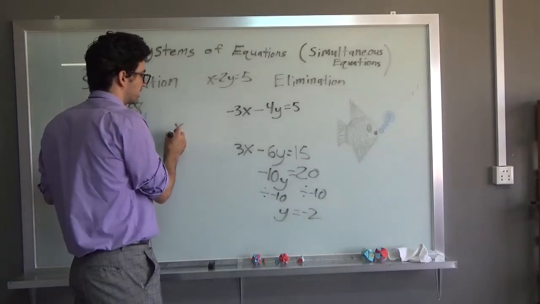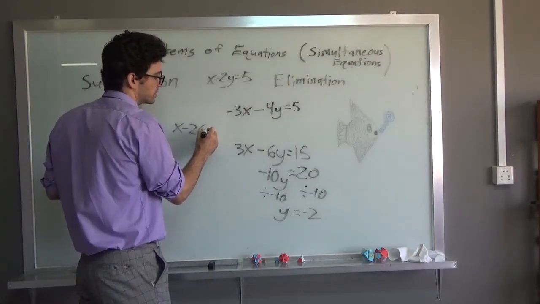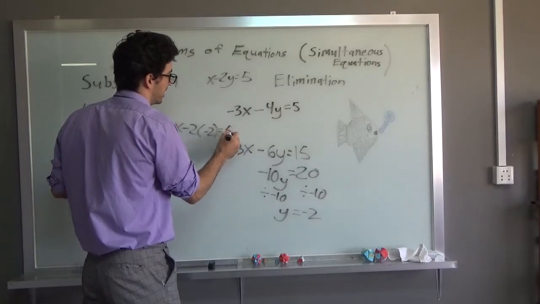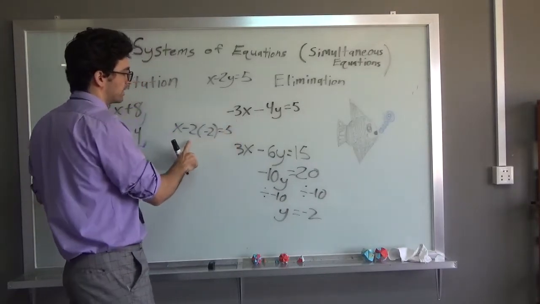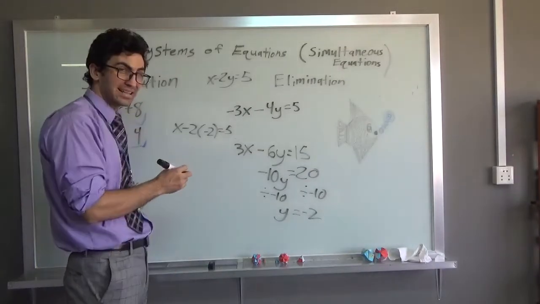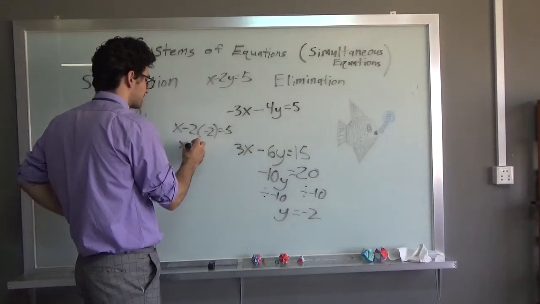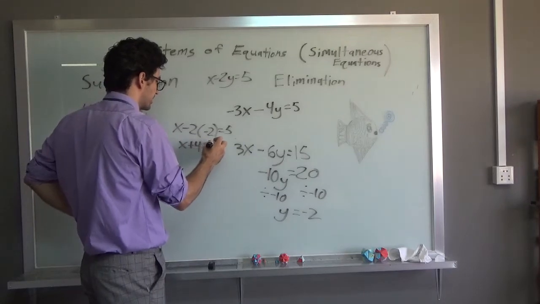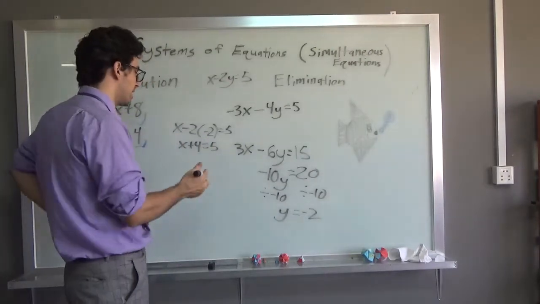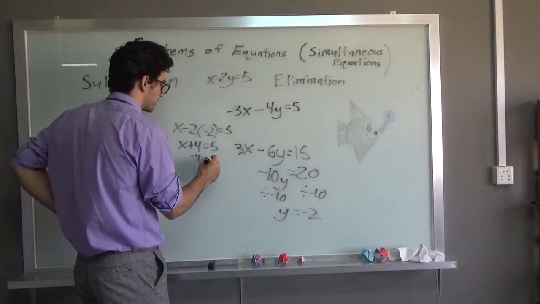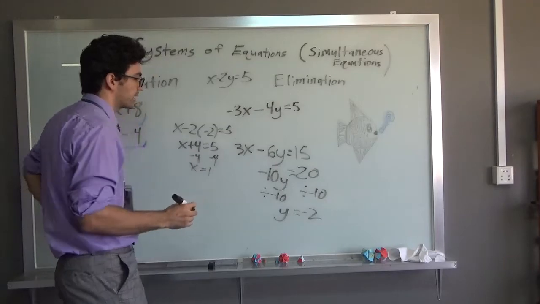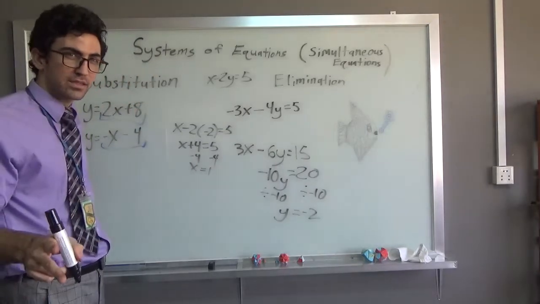We have x minus 2 times negative 2 equals 5. Well, negative 2 times negative 2 is going to be a positive 4. x plus 4 equals 5. Some of you probably know the answer by now. We will subtract 4 from both sides. x equals 1.